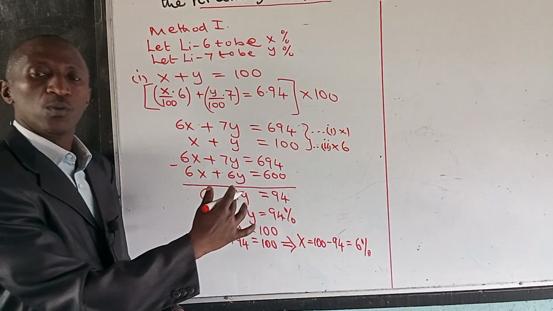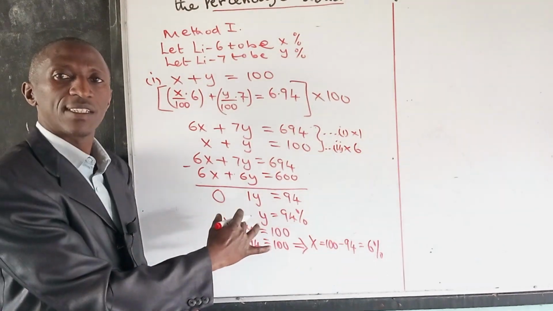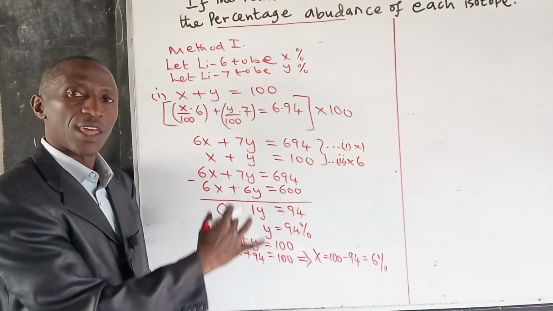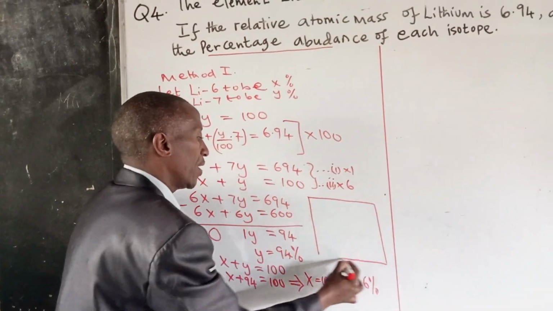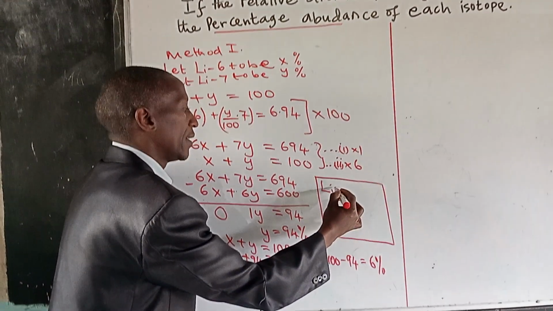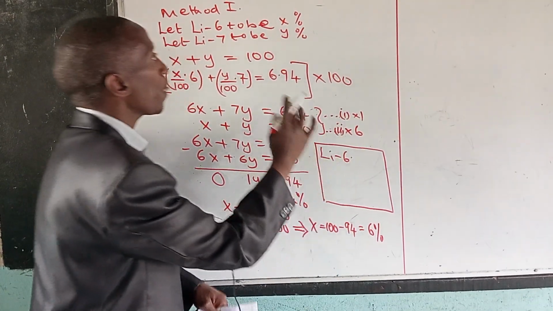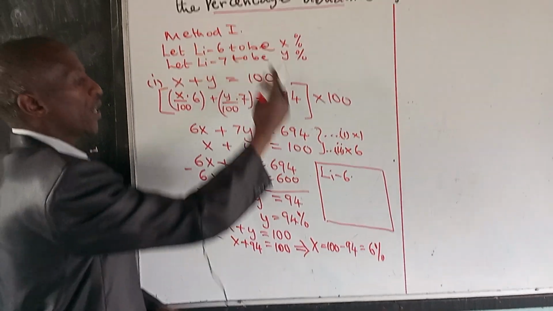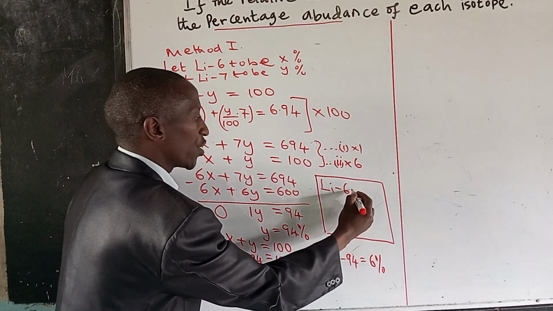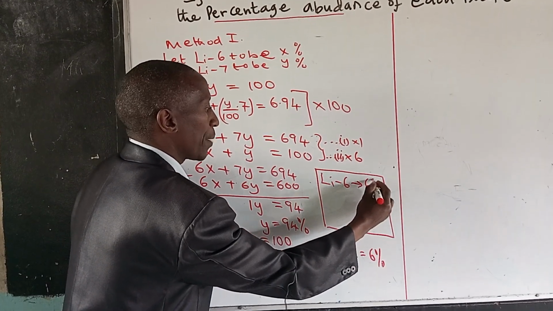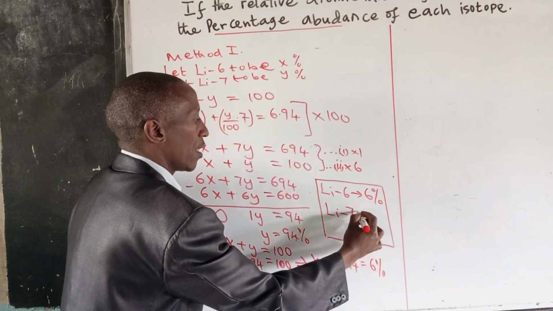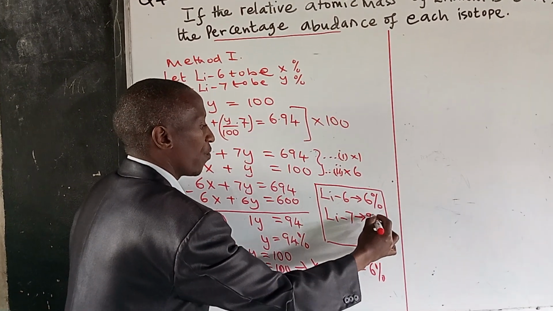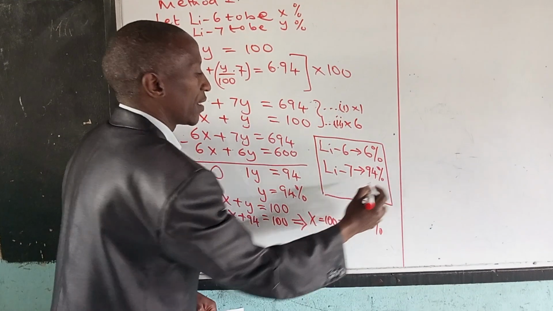Now, we need to show these percentages in terms of the elements. So I'll come here in this free space, and I can show that lithium 6, the one we had given the value of x, occurs to the tune of 6%, while lithium 7 occurs to the tune of 94%.